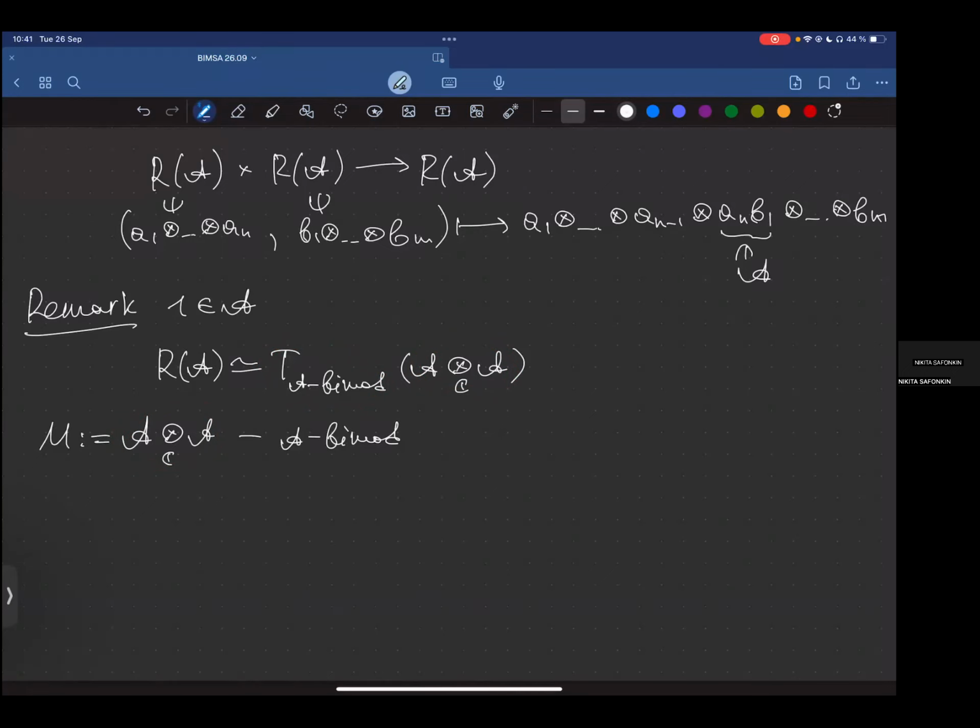And for this bimodule M, we can consider the following guy, which is A plus M plus M tensor M over A. It is possible to consider this tensor product because M is a bimodule. So this is some sort of a free algebra, and this guy I denote just by this symbol.